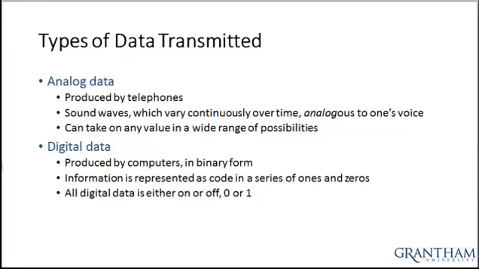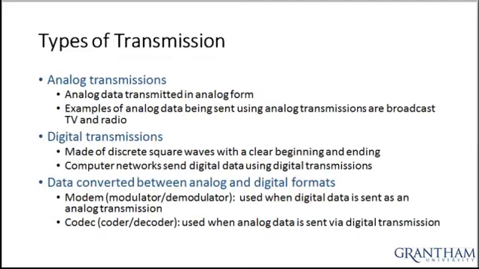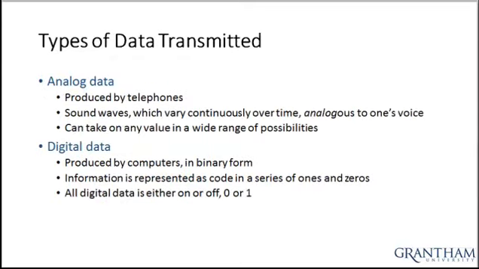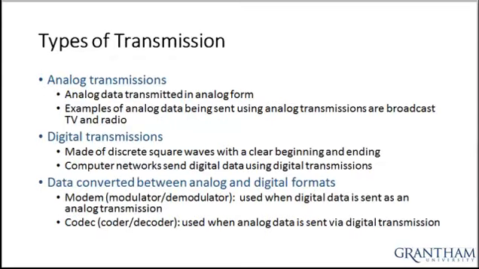On the other side, you have digital data transmission. This is what computers produce, the binary data, and it is a series of zeros or ones, which can also be represented by either an on or off position. So the different data that we looked at can also be transmitted in those two different ways.